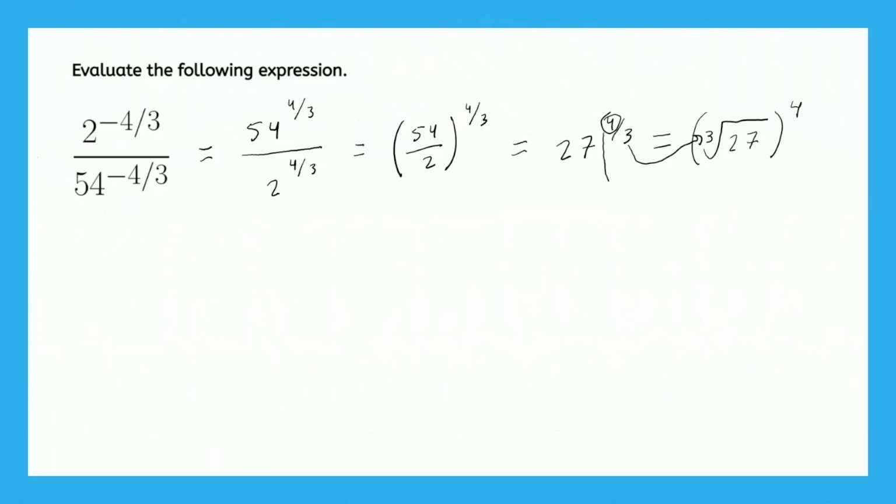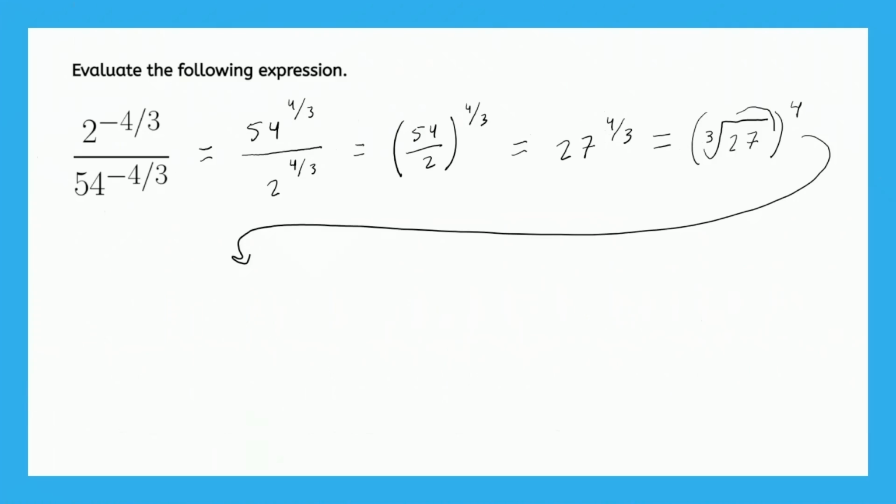One place we could put it would be as the exponent on the number inside the radical, but we can also put the 4 on the outside of this entire parentheses, and it does not change the value. In a moment, you'll see why I put the 4 on the outside and how that makes our job a little bit easier.